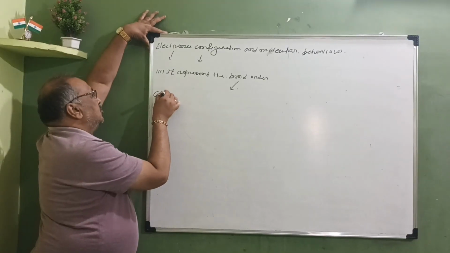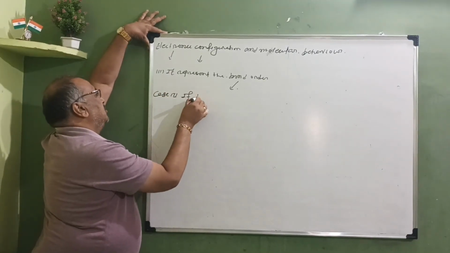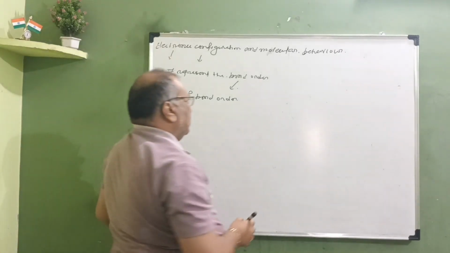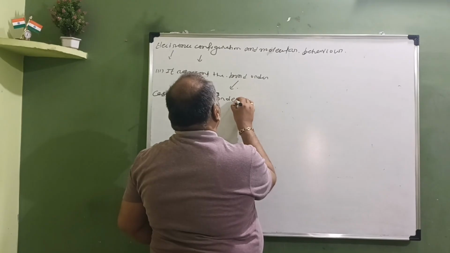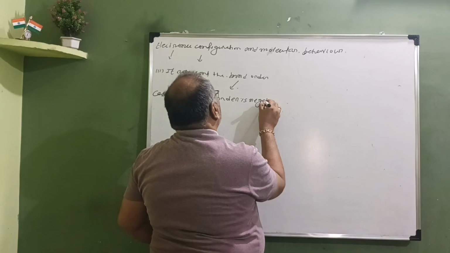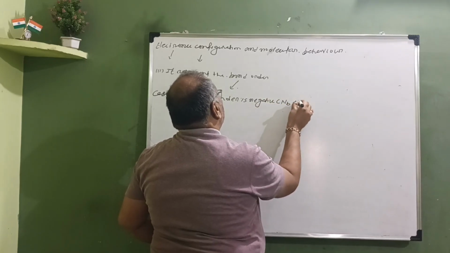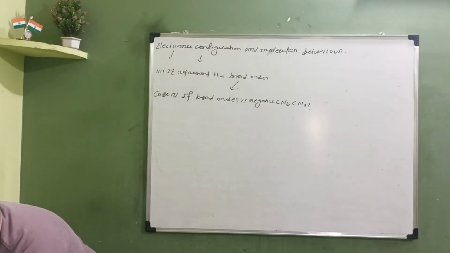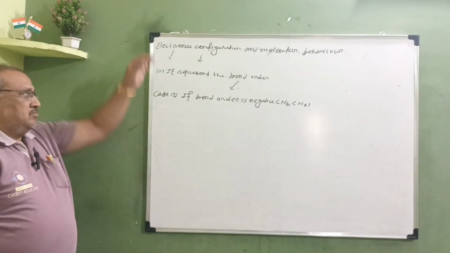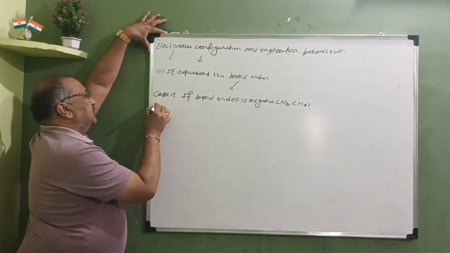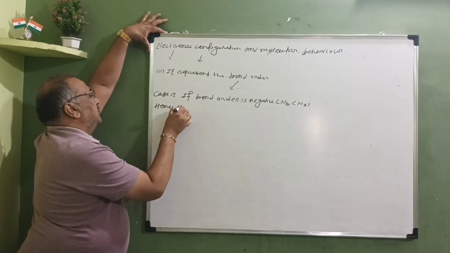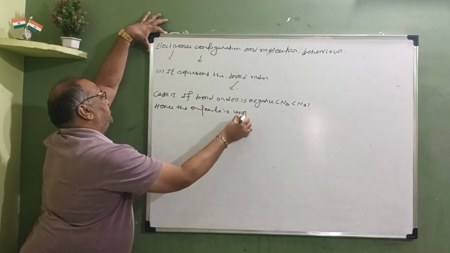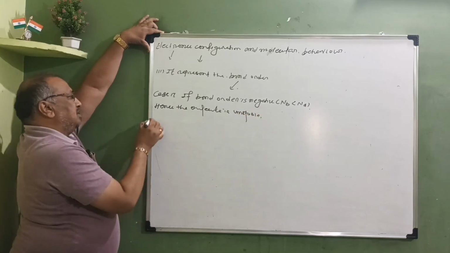Case 2, if bond order is negative, that means Nb is less than Na. Here, hence the molecule is unstable.